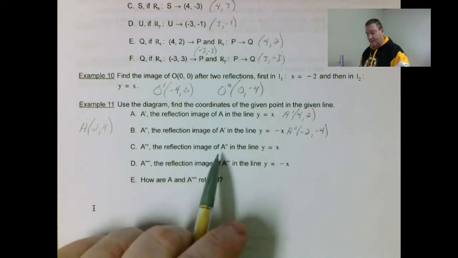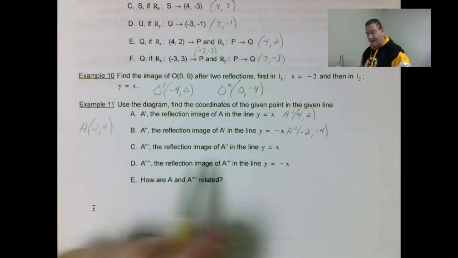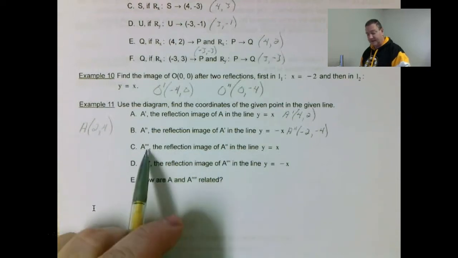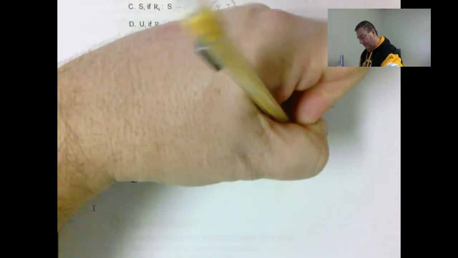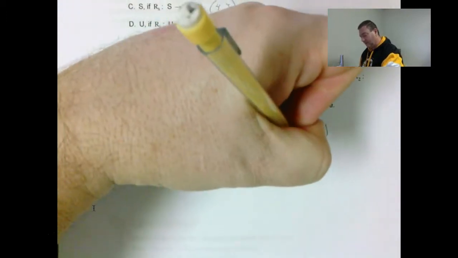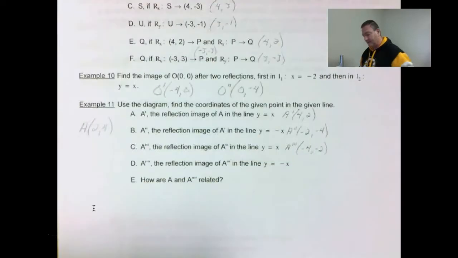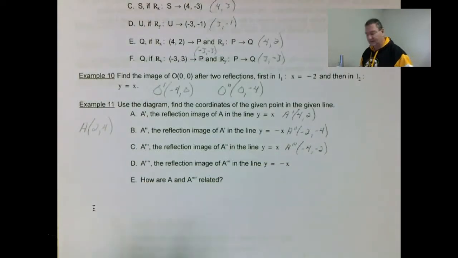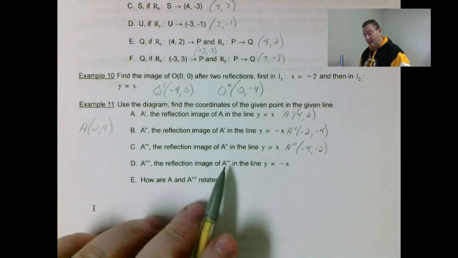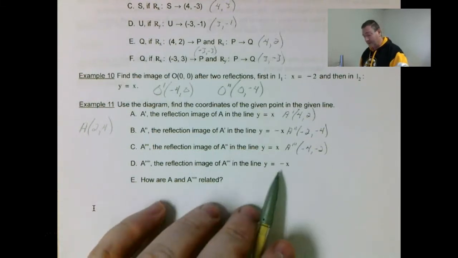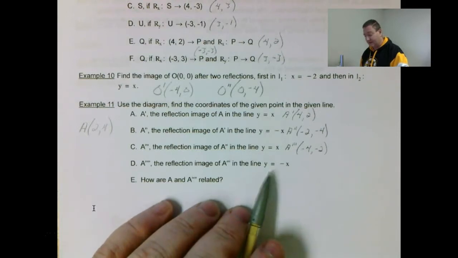So we're going to do now a reflection of A double prime in the line y equals x to A triple prime. Again, we reverse the x and the y coordinates in a reflection in the line y equals x. Now we're going to take A triple prime and make it A quadruple prime in the line y equals negative x.